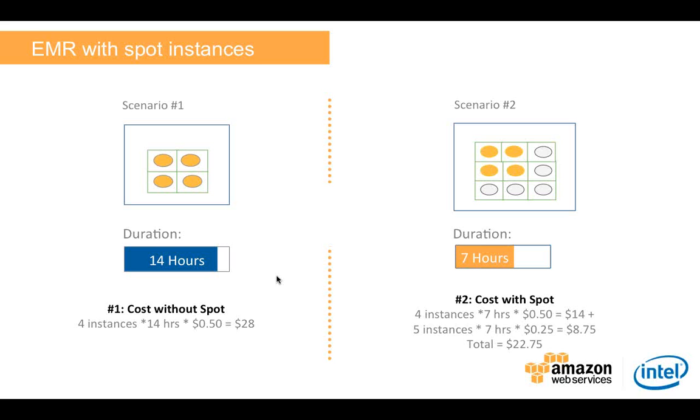So the cost of them comes down to $14, and then we add to that the 5 instances of spot, and let's say, for example, that we got the spot instances at half the normal on-demand price of 25 cents. That's cost us $8.75 for a total of $22.75. And so what that means is that not only have we cut our processing time in half, but we've also reduced the cost of the cluster as well.